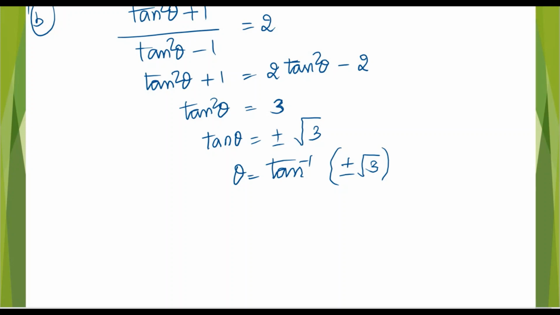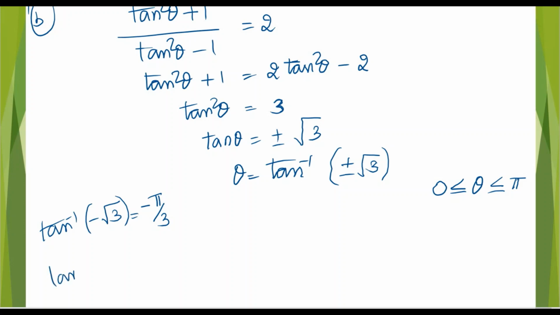And it's given theta is between 0 and pi. So tan inverse of minus square root of 3 gives minus pi over 3, and tan inverse of plus square root of 3 is pi over 3.